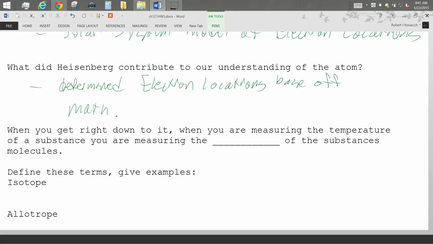Would it be correct to say they used quantum mechanics to find them? He, or figure that out? There was no such thing as quantum mechanics yet. These guys were developing quantum mechanics.